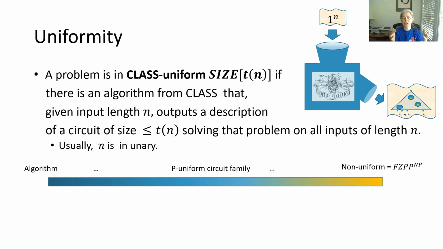And this is when you have an algorithm that gets n and in time polynomial in n produces a circuit that solves a problem on input of size n. So for example, if it's a polynomial time algorithm, then you get a P-uniform family of circuits. And depending on how much uniformity you have, you're either closer to being just an algorithm, or you're closer to being completely non-uniform.